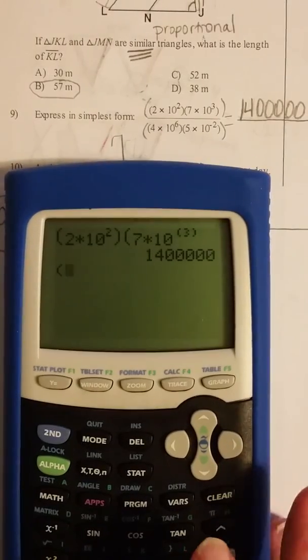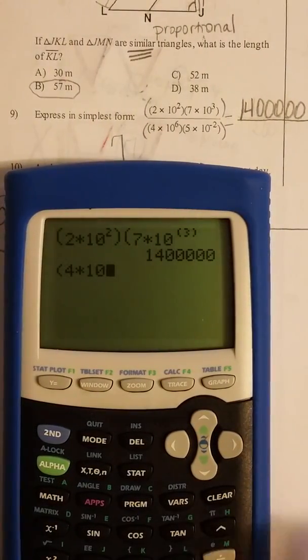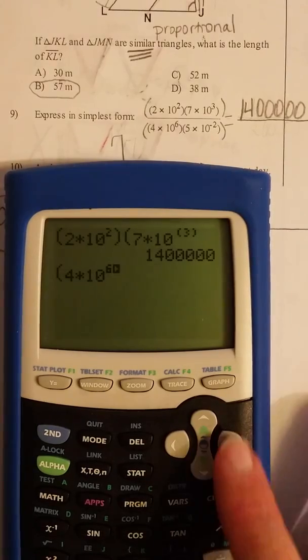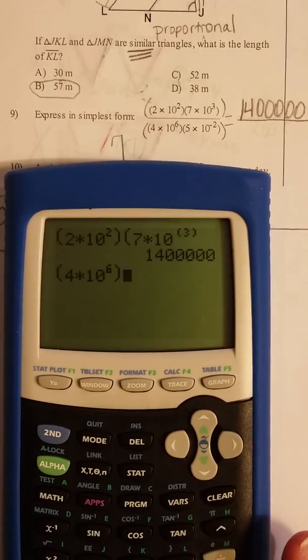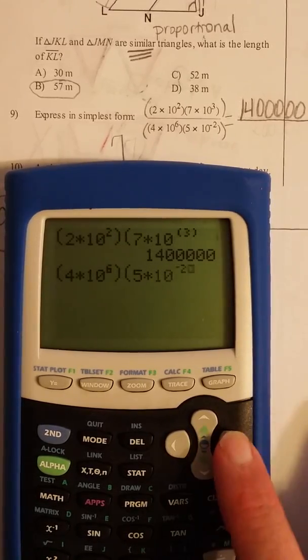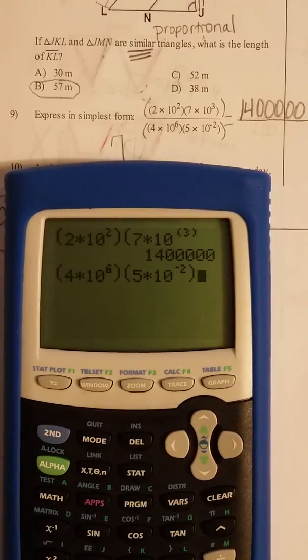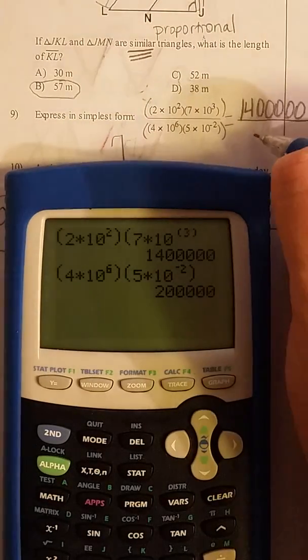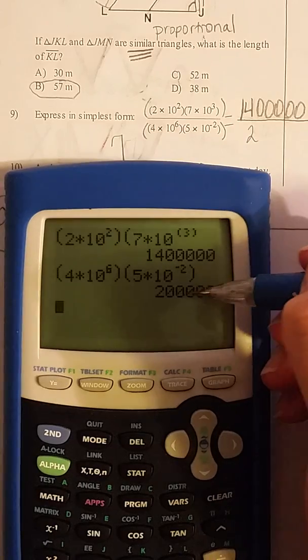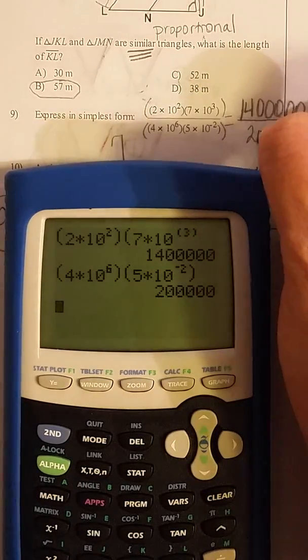Open parentheses 4 times 10 raised to the 6th. Move it over and close parentheses. Open parentheses 5 times 10 raised to the negative second. Move over, close parentheses, and I have a 2 with 1, 2, 3, 4, 5 zeros.